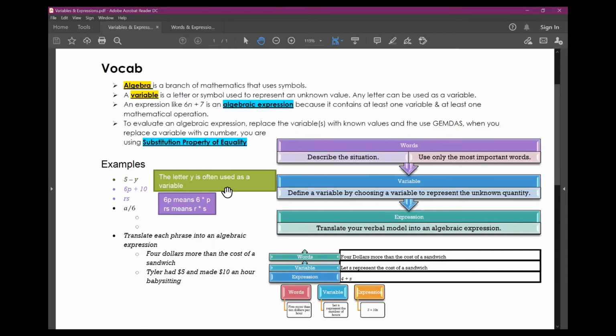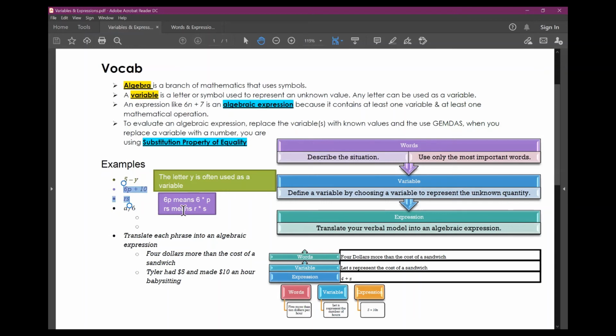All right, here are some examples. I color coded here. The first one is 5 minus n. The letter y is often used as a variable. It's either x or y; those are the two common letters used as variables. Next is 6p plus 10 and rs. 6p means 6 times p, and rs means r times s.